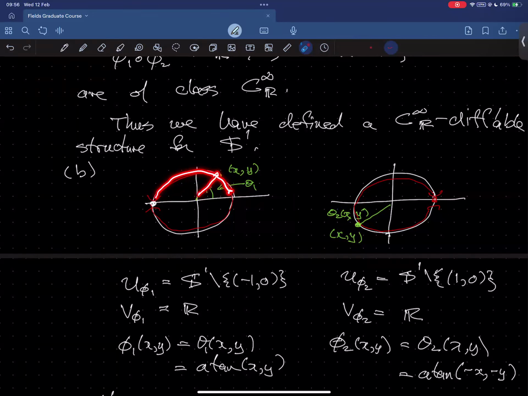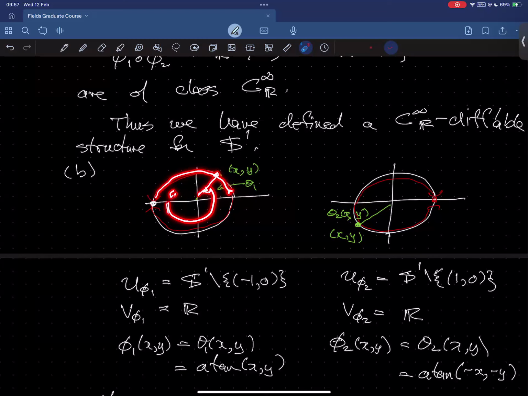Well, the angle theta 2 of this point is going to be this angle, because theta 2 is measured from the negative x-axis. So I need to express theta 2 as a function of theta 1.